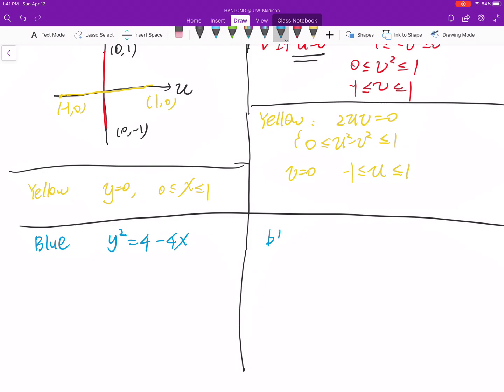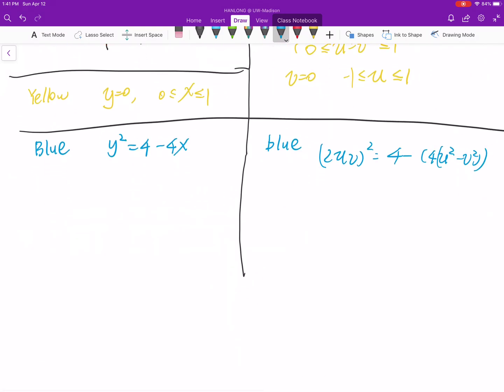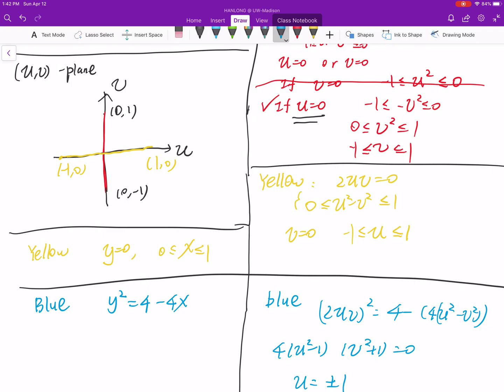And then on the right-hand side, you plug in: 2uv squared equals 4 minus 4u squared minus v squared. So 4u squared minus 1 equals v squared plus 1 equals 0. So u is positive or -1. Therefore, actually, you have two p's.